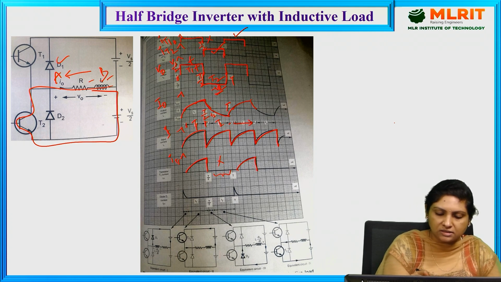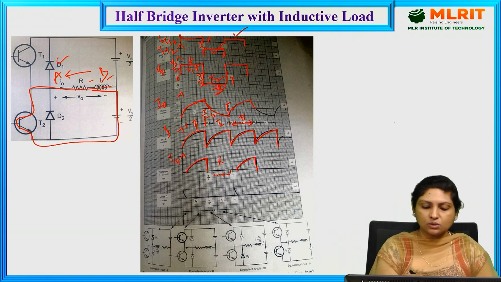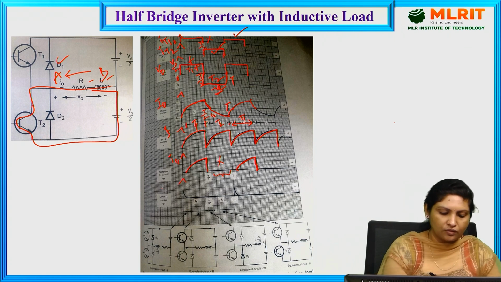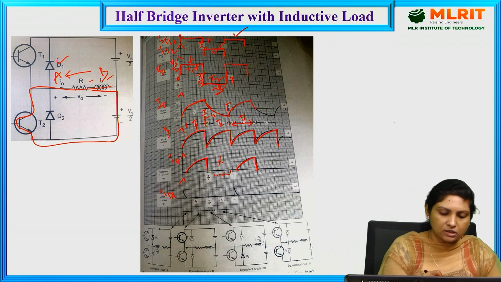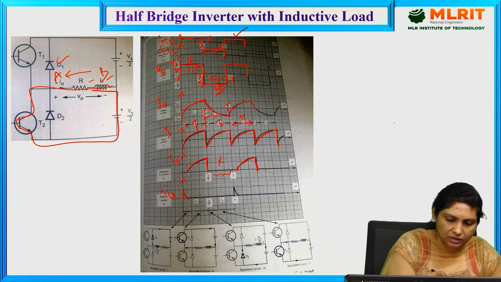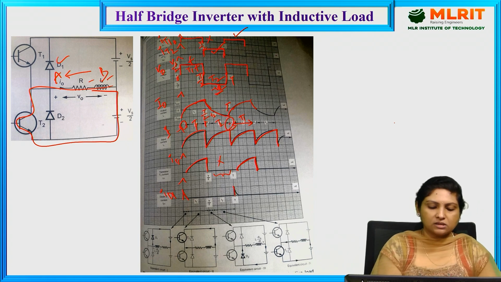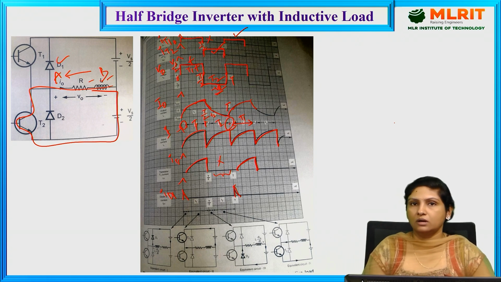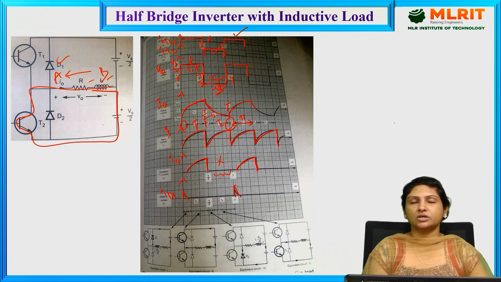As long as transistor 1 is conducting, I have indicated the waveform across transistor 1. And now this is the waveform through diode 1, as long as diode 1 is conducting. Here it is conducting D1, and here it is conducting D1 as well. So in both the cases we have to indicate the waveform across the diode. And this is all about the half bridge inverter with inductive load.